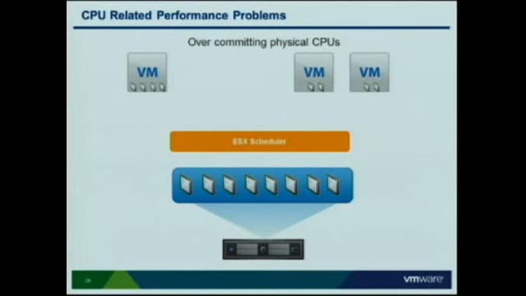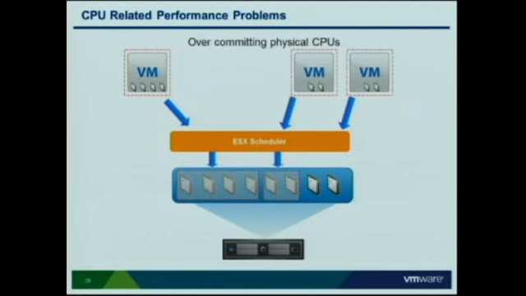All of them are SMP VMs. We have 1 4-vCPU VM and 2 2-vCPU VMs, for a total of 8 virtual CPUs. So this is pretty easy to schedule. All we have to do is load up the scheduler, find a free processor, and run our VM on that processor. Life is good. All of these are going to get 100% of the resources that they need because there are no scheduling constraints.